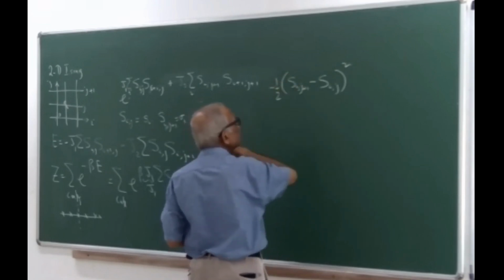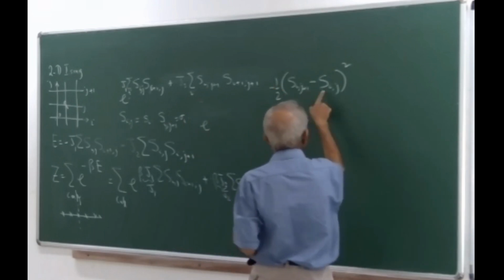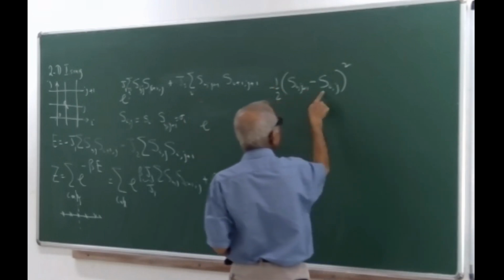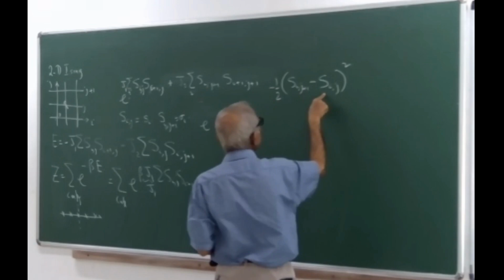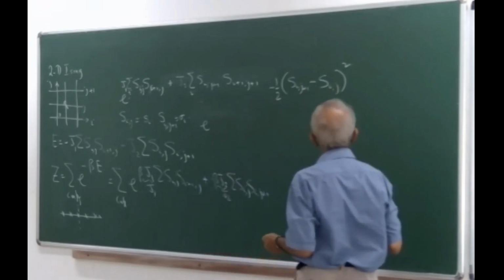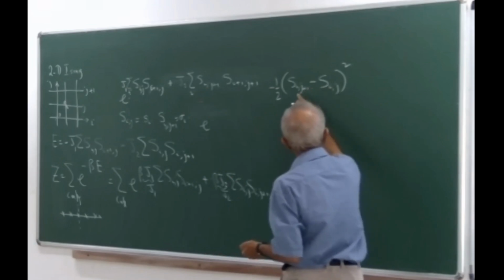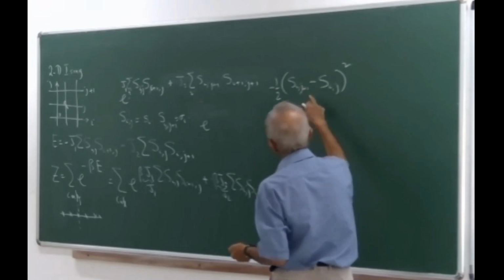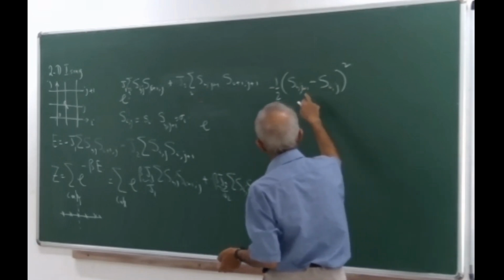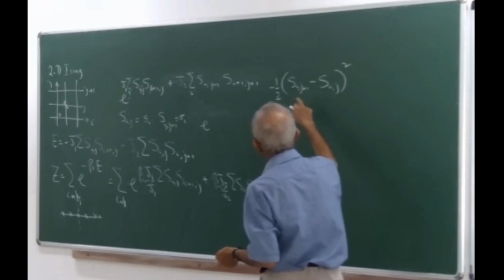So you pick up the S_ij plus 1, and that's the S_i.